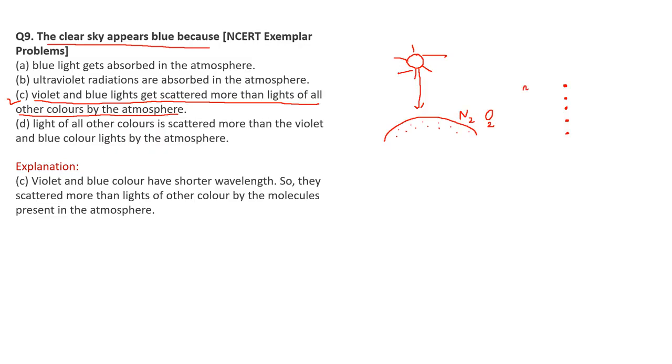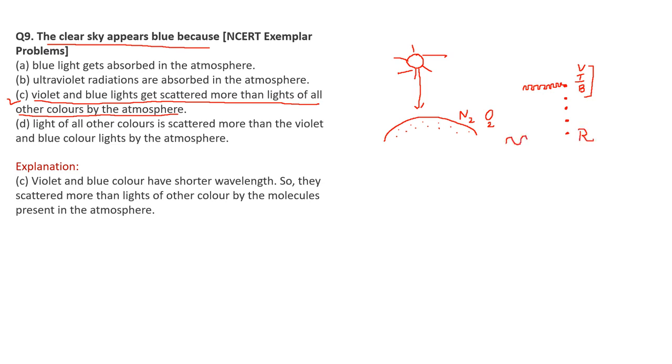A light which has a very small wavelength, and we know the spectra of light which has very small wavelength, that is VIB. Violet, indigo and blue. This particular spectra of light has small wavelength, whereas yellow, orange, red have bigger wavelength.